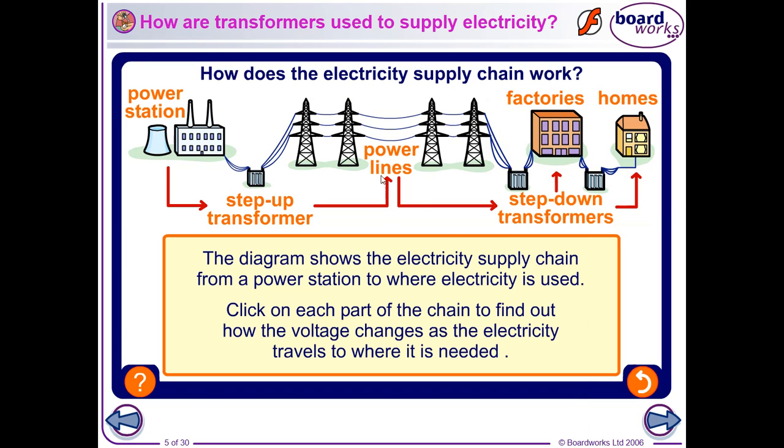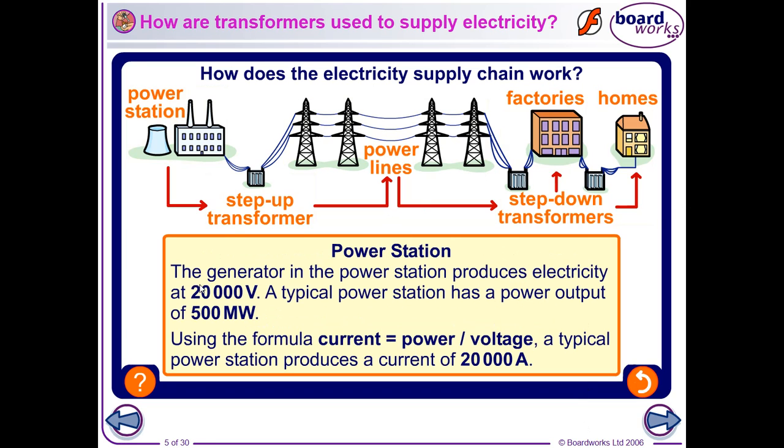So, how does it work? In the power station, we've got a generator that produces at 20,000 volts. The power coming out of the power station might be 500 megawatts. So the current coming out of the power station is 20,000 amps, which causes quite a lot of heating of the wires it's travelling through.